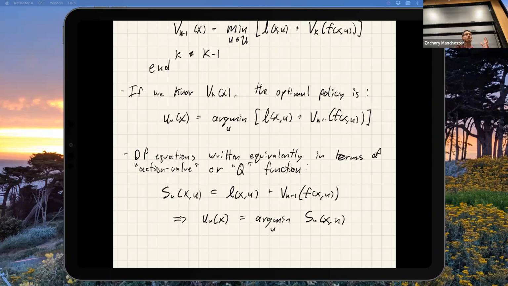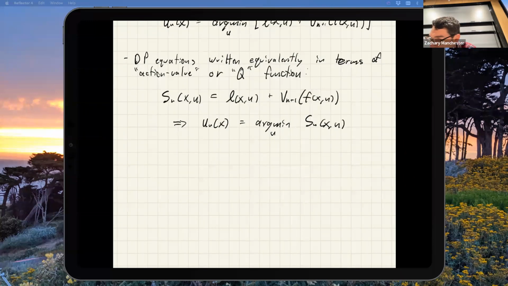So if you're doing model-free RL, this lets you, in principle, do a bunch of sampling and experiments and compute this S thing without ever needing to know F. Whereas the classical version that we did with the value function, I need to know the F to get the V to work out, right? Does that make sense? This is a model-free kind of idea. Cool.